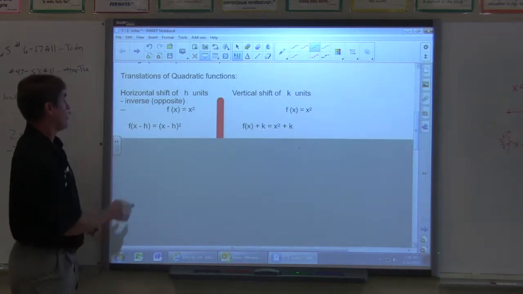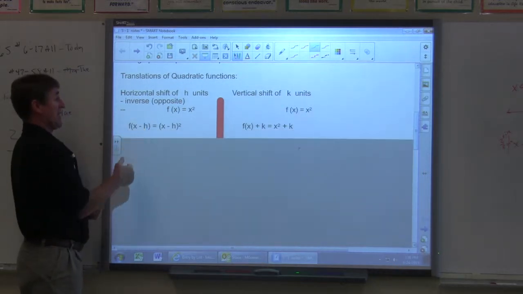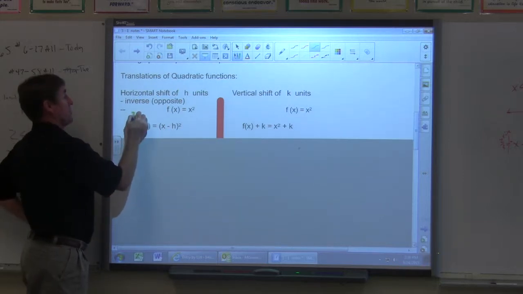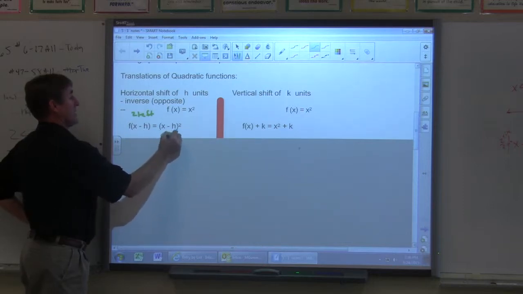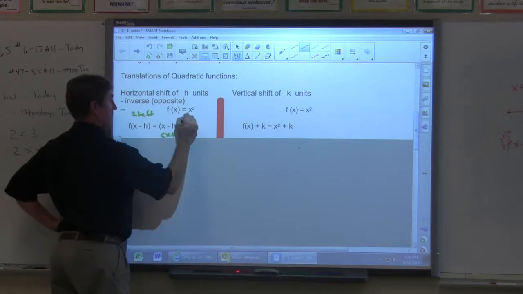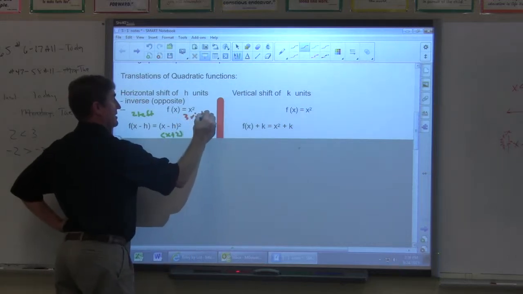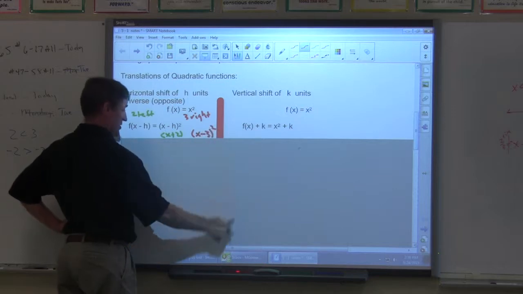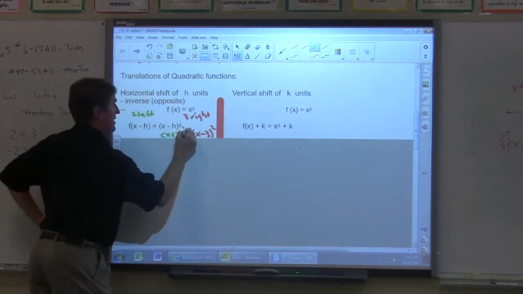So with the horizontal shift, we're going to do the opposite of what it says. So if it said 2 left, we would write this as x plus 2. And if it said 3 right, we would write that as x minus 3. Again, squared and squared.